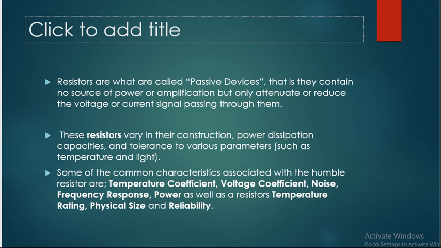Some of the common characteristics associated with the humble resistor are temperature coefficient, voltage coefficient, noise, frequency response, power, as well as resistor temperature rating, physical size, and reliability. So these are some of the factors.